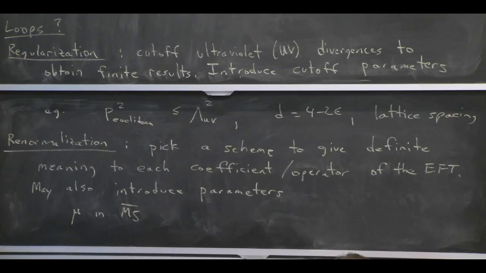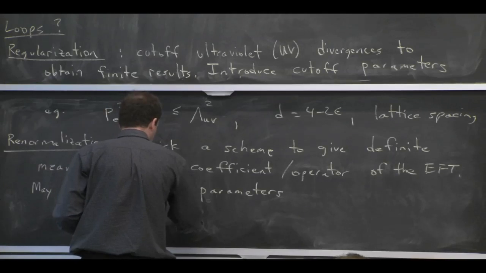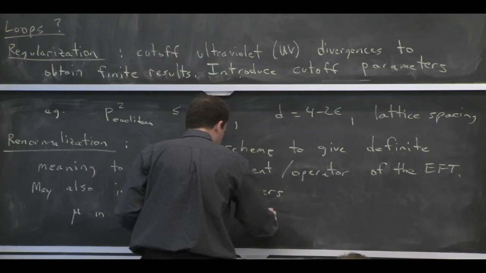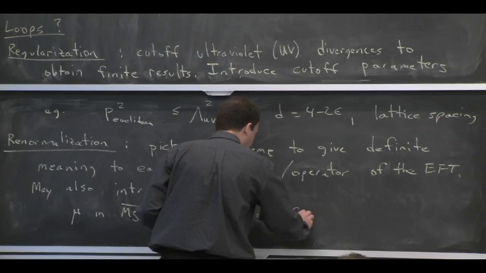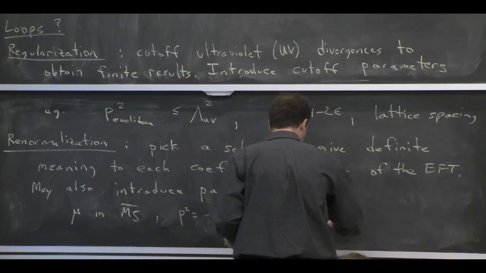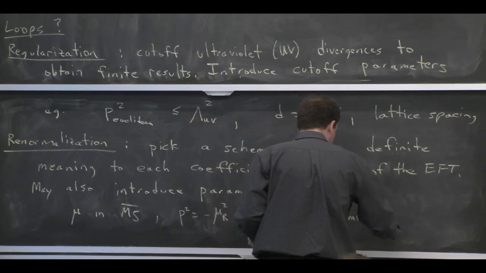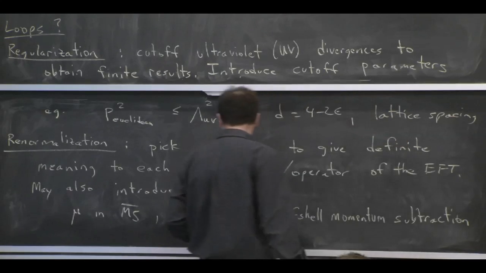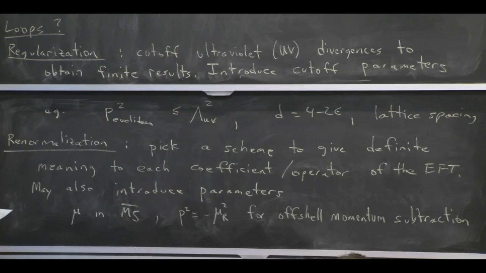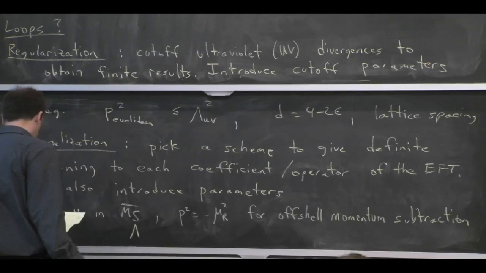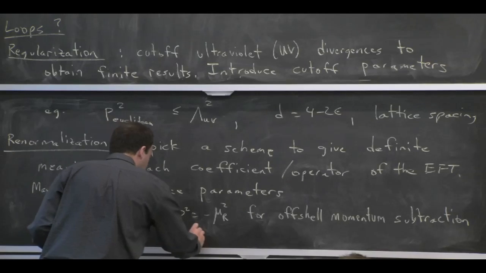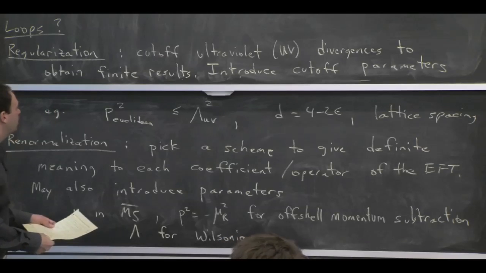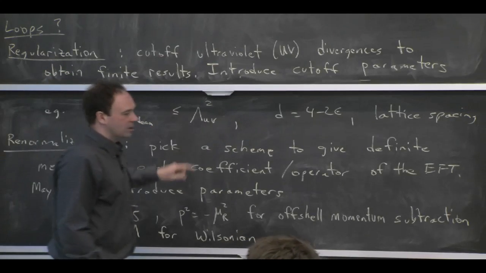There's this scale mu that shows up when you do MS bar. If you do something that's a little bit different, if you take Green's functions and you go to some off-shell point, that's another renormalization scheme called off-shell momentum subtraction. And that scheme also has a parameter that shows up. And if you did a Wilsonian renormalization, there would also be a cutoff associated to that. And this Wilsonian cutoff here doesn't have to be the same as this lambda UV cutoff.